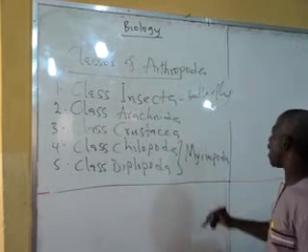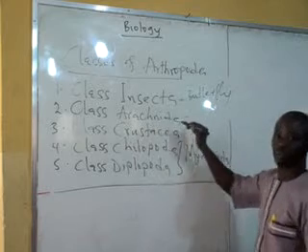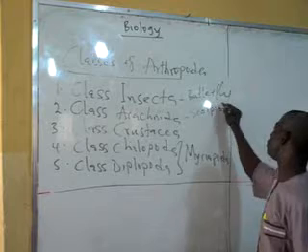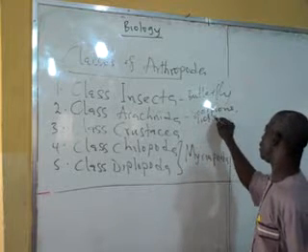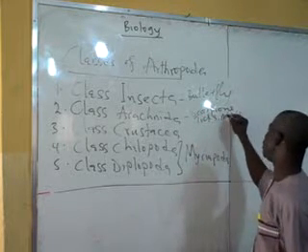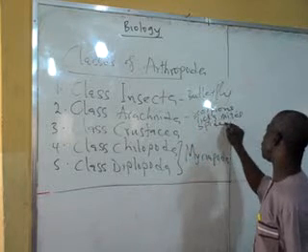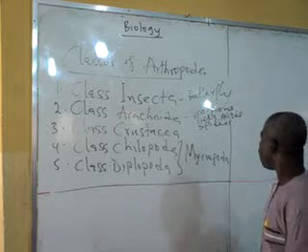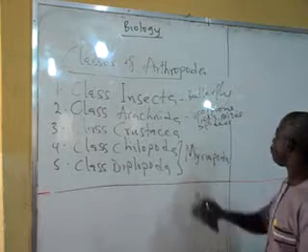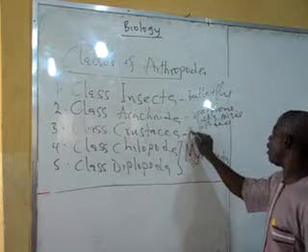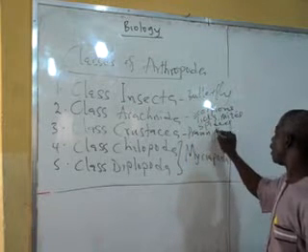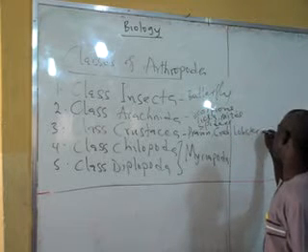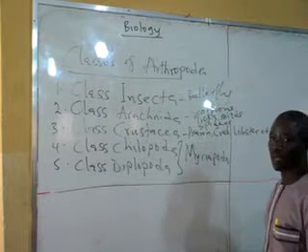Then in the class Arachnida, we mentioned that this class includes organisms like scorpions, then ticks, then mites, then spiders. Then for the class Crustacea, organisms like crab, like lobster, and so on, all belong to that class.